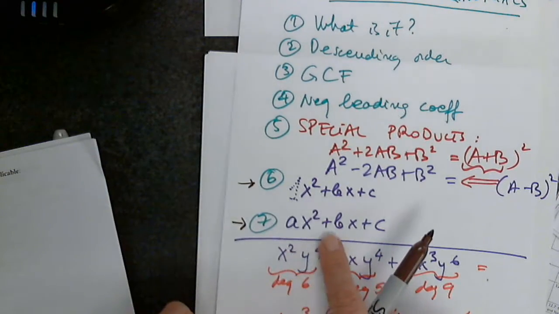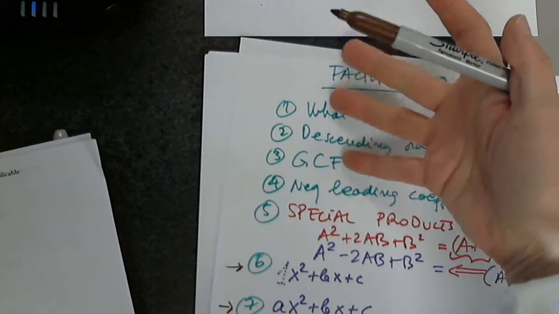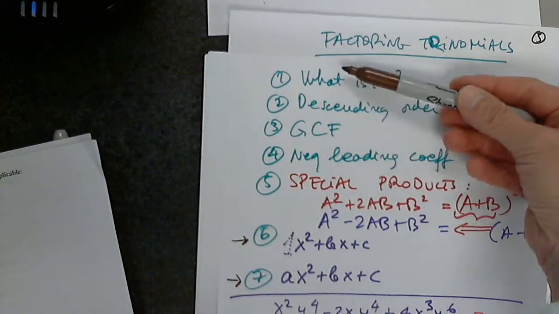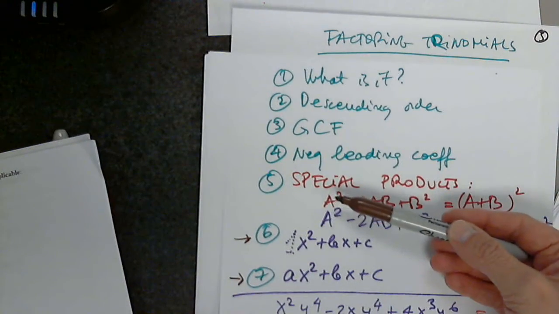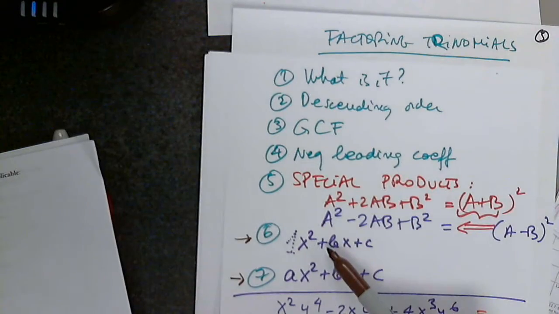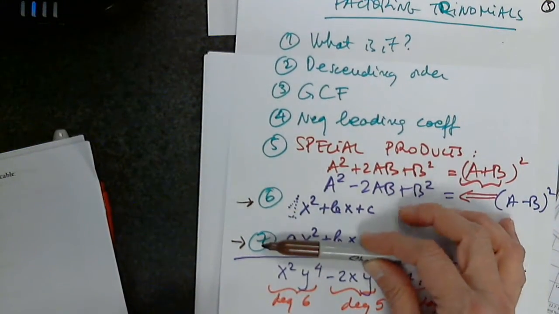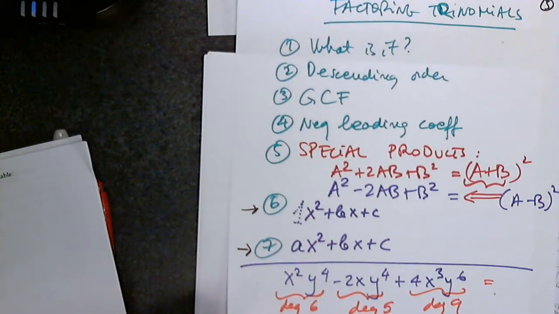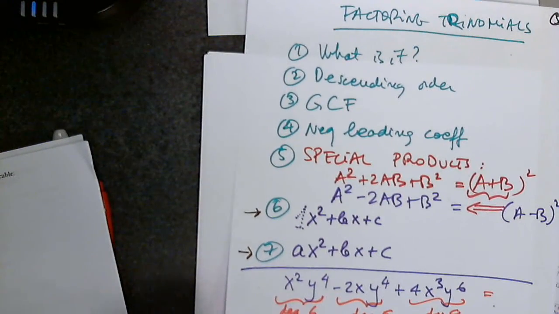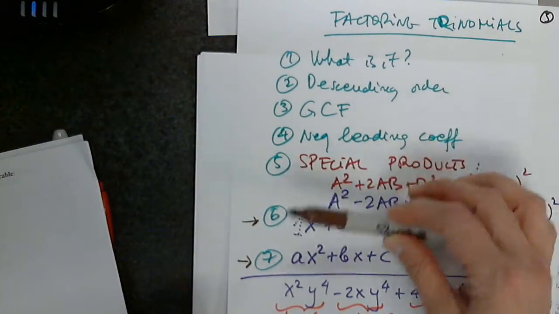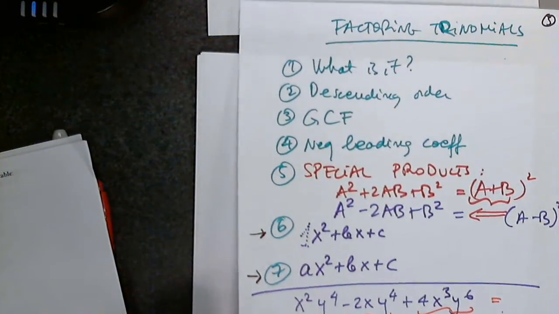But I still have to go through all these steps before I get here. If this is not applicable, then I go here. If this is not applicable, then I have to write not factorable. There is nothing else beyond 7. If this doesn't work and the special products don't work, then I have to write not factorable.